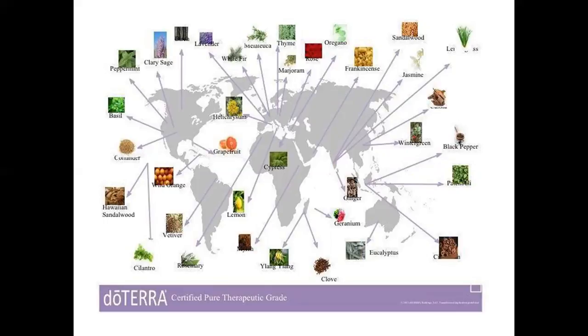So not just the time of year and the amount of time that these plants have to be grown for, but down to the time of day that these plants are harvested makes such a difference. And also the process of harvesting, that's different depending on the essential oil they're trying to extract. So all of these things come together to produce the purest and most potent essential oil that we have on this earth today.